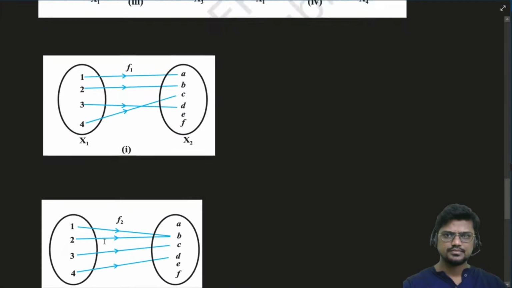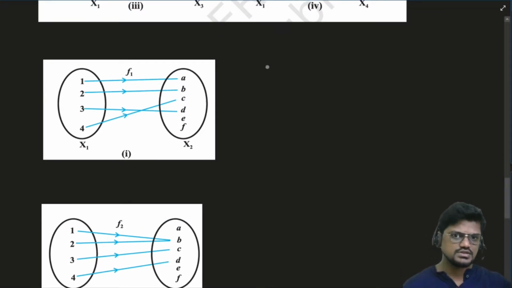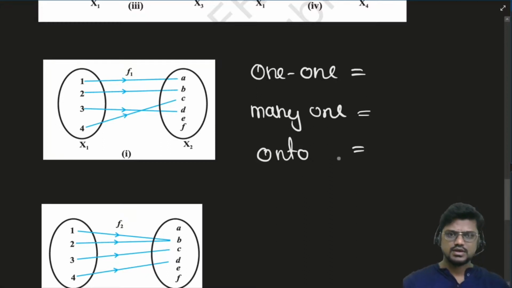Now, fine. Now I'll write over here. First is one one, next is many one, and then the other one is onto.